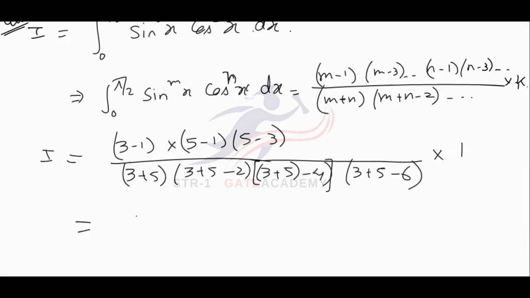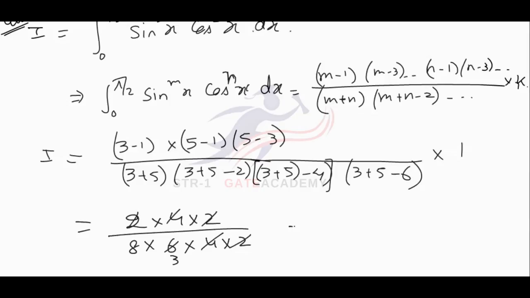So it is nothing but 2 into 4 into 2 upon 8 into 6 into 4 into 2. This gets cancelled out. This again gets cancelled out with 3. So it is 1 upon 24. That's your answer. Clear? So these are some certain questions which can be easily solved in your paper sometimes.